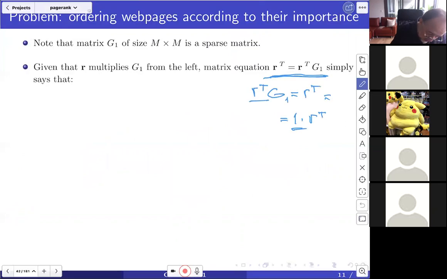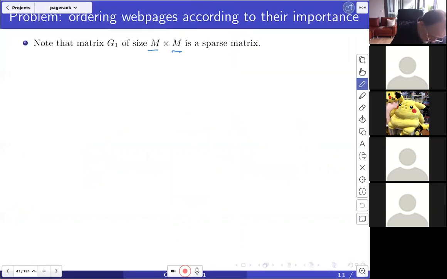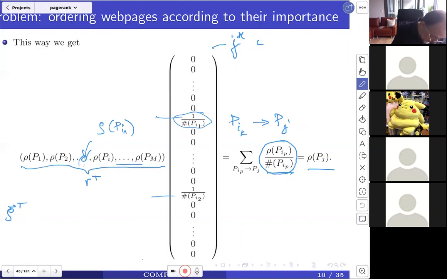If you multiply this vector by a matrix G1, you will get a row vector, right? Since you have only one row on the left, the output will be just one row, a transposed vector.